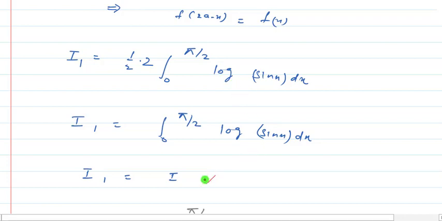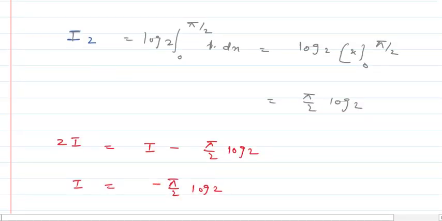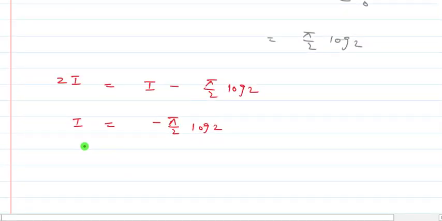Now simplifying this, we are getting I1 as I. Now putting the two values of I1 and I2 in the basic function in the step where we are getting 2I, after that we are getting the result as minus pi by 2 log 2. So this is all about the properties of definite integration.